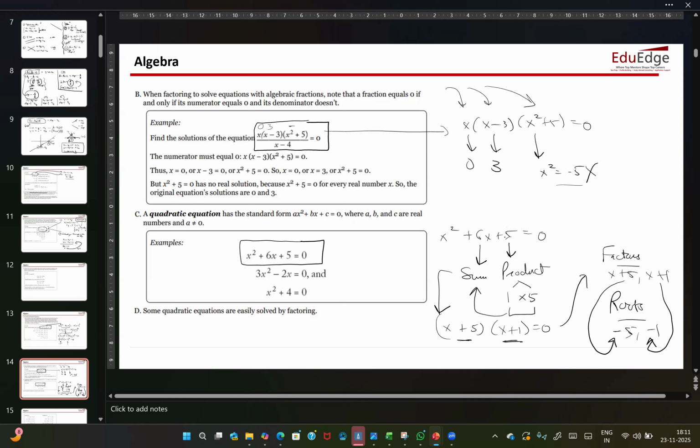Which also means if I know the root of a polynomial, suppose I tell you f(x) is a polynomial and I tell you a is a root. What does it mean? It means f of a will be equal to 0.